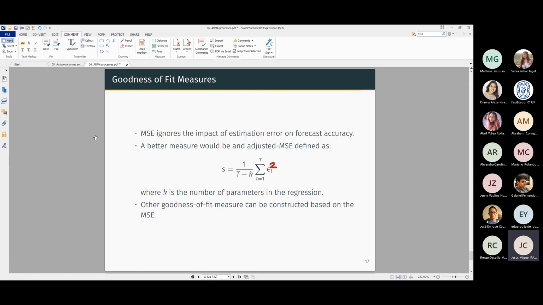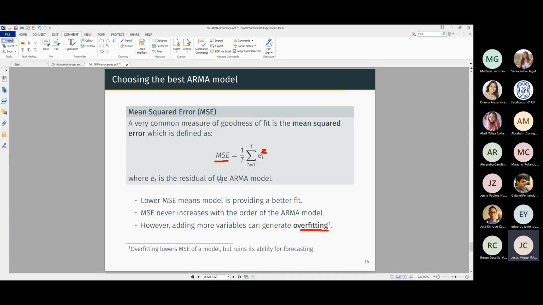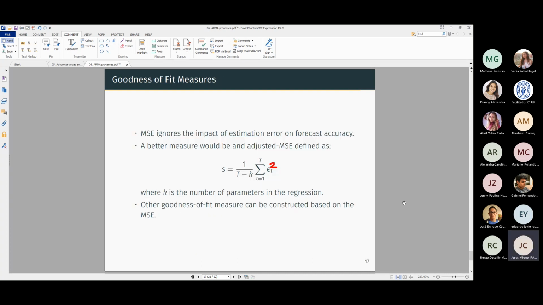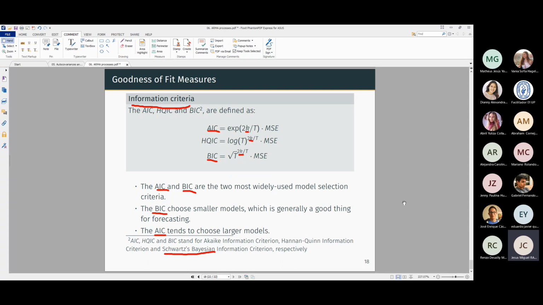The criteria here is you just compute the mean square error that depends on the fit of the model. How close is your model with respect to the true data? And that's it.